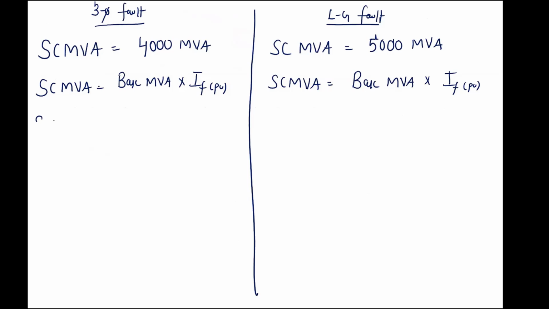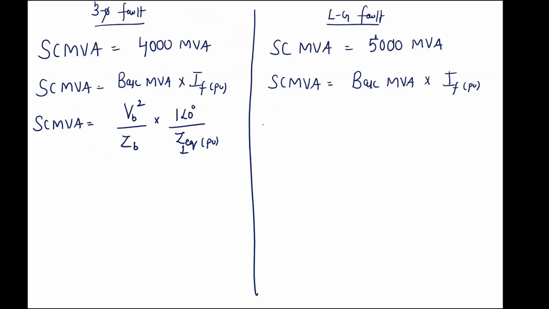So short circuit MVA is equal to base voltage square divided by Z base into the per unit fault current. In case of three-phase fault, that is 1 at an angle 0 divided by Z1 equivalent per unit, the positive sequence Thevenin's impedance.